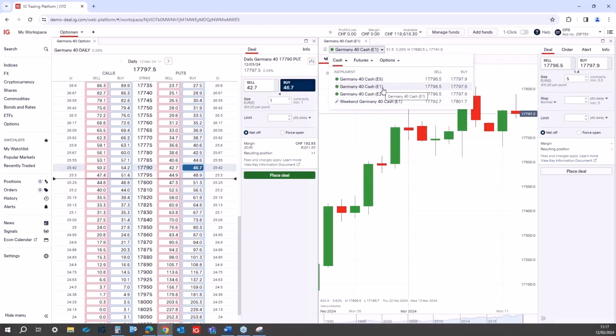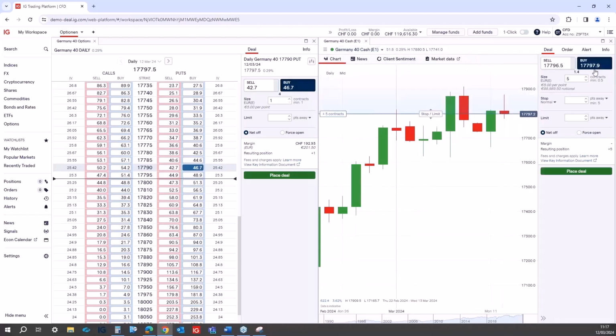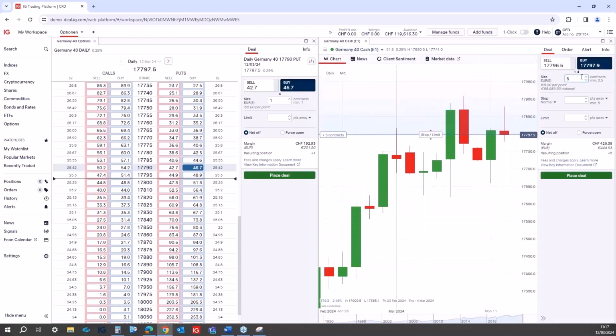Let's take the €1 per point contract, and let's assume that in your portfolio right now you have 5 long positions, so this trade is already in your portfolio, 5 long, €1 per point. What you see here is your notional, roughly 89K, and your exposure is €5 per point. Obviously, because 5 contracts times €1 per point gives you €5 per point. This is the exposure you want to match on the option side.